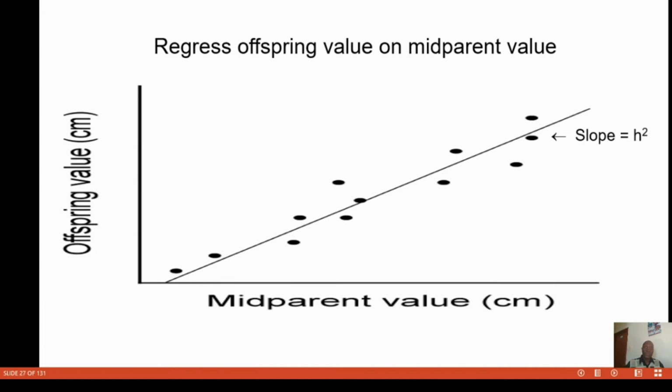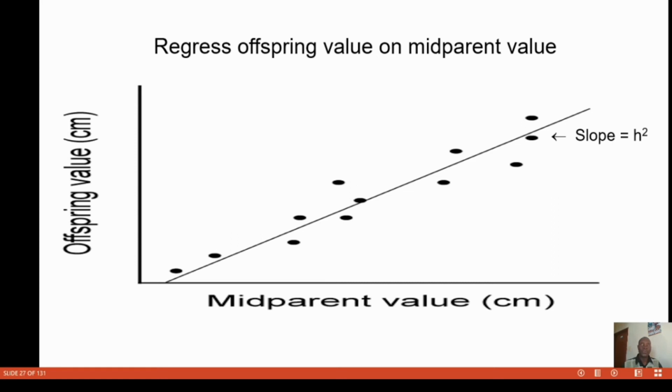Now, what happens then when we want to look at another way of a narrow sense heritability? We see that it's a slope. It is a slope that results from regressing offspring value on mid-parent value. And so we will see that the slope is really a straight line.